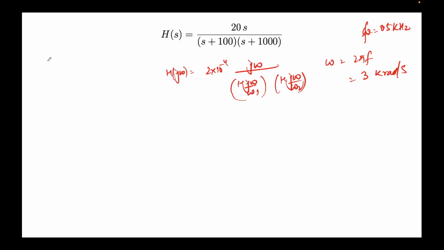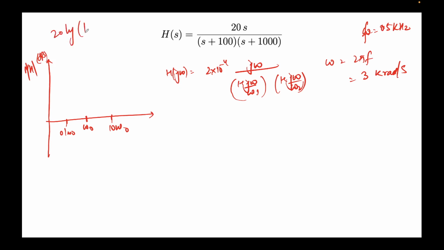Now let's just quickly talk about the magnitude plot. If this is some frequency omega naught, the 3 dB frequency, and this is 0.1 omega naught, this is 10 omega naught, this is the magnitude mod H in dB, so effectively 20 log mod H. It remains constant till omega naught, and then it keeps on falling at 20 dB per decade.